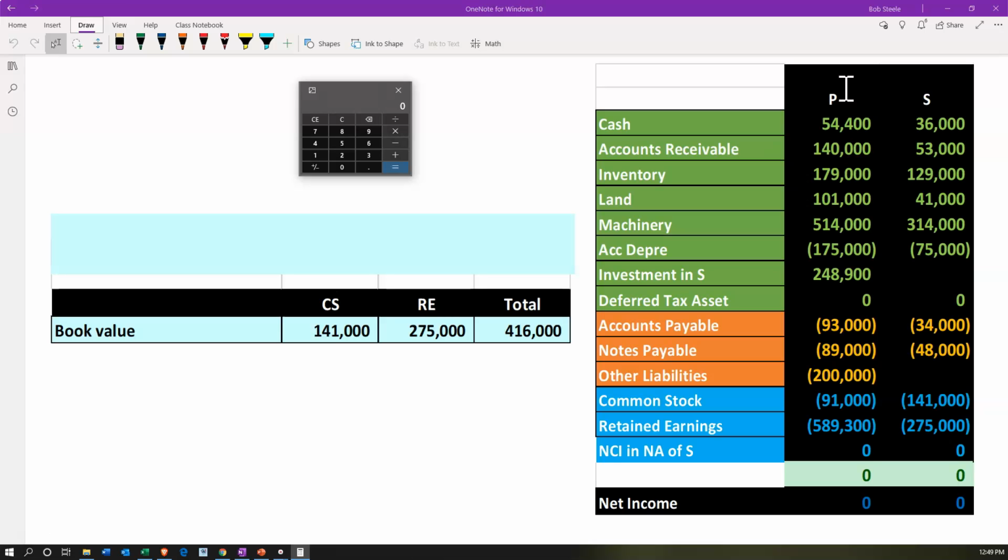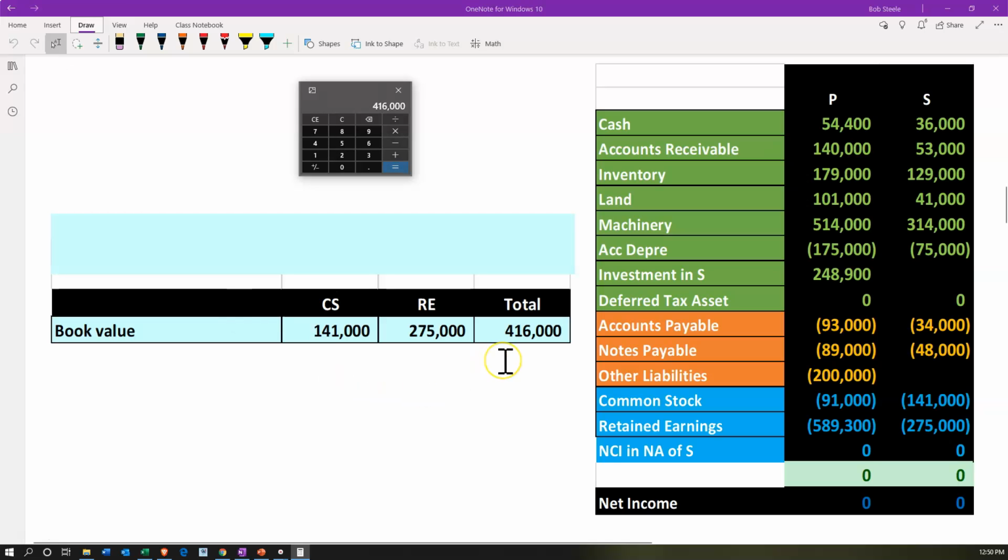So we will have journal entries, and whenever something's in the income statement, we'll basically record it to the retained earnings. That'll shorten things up and make it a little easier to focus in on the tax effects. So if we start off, this is S's information, the assets minus liabilities, or simply the equity section, would be 141,000 plus 275,000.